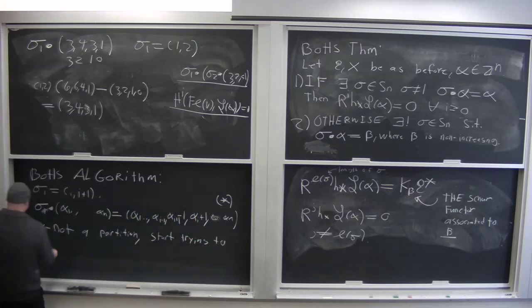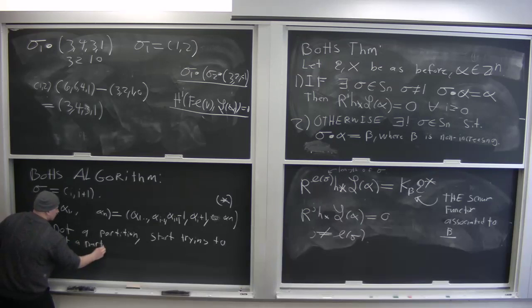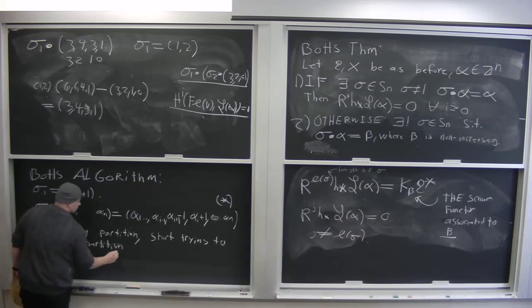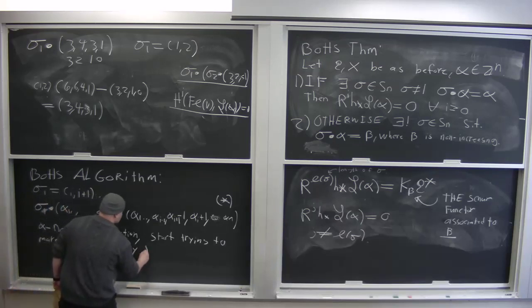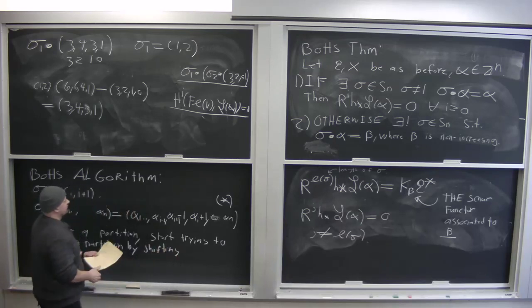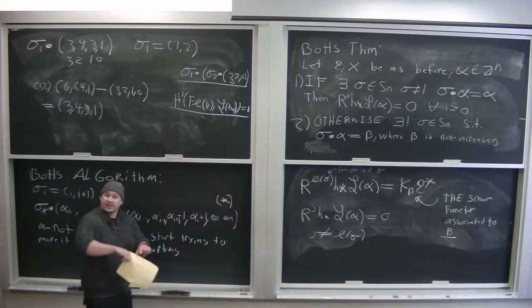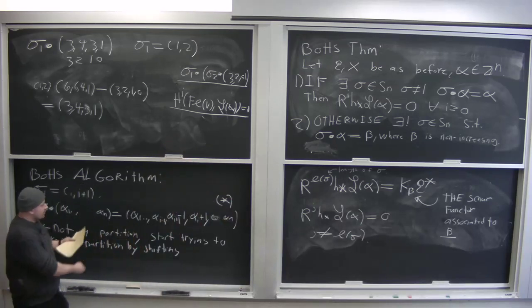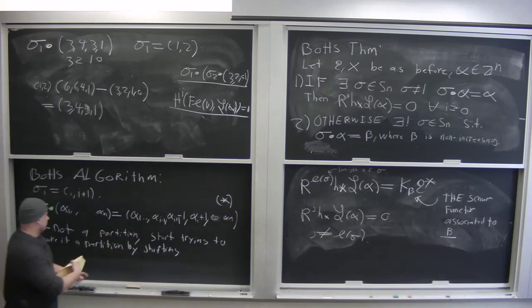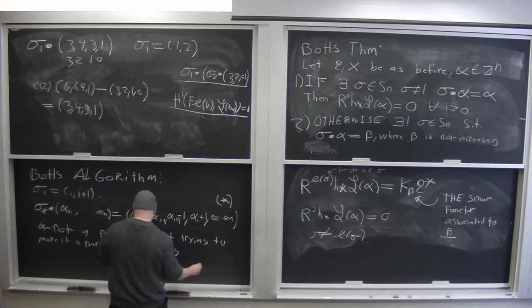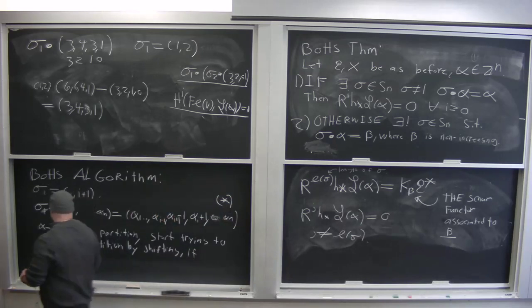Start trying to make it a partition by shifting things that are too large further to the right, to the left. Take the biggest thing and start trying to move it to the left. And then two things can happen.